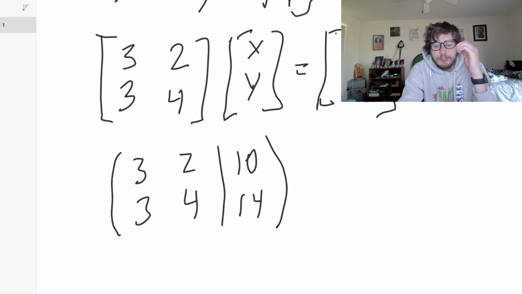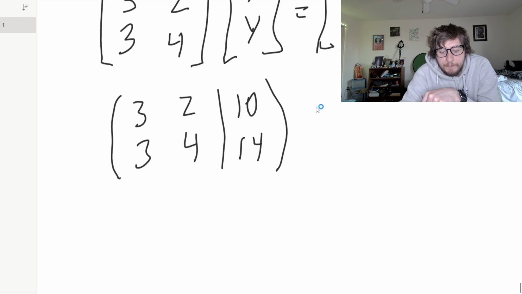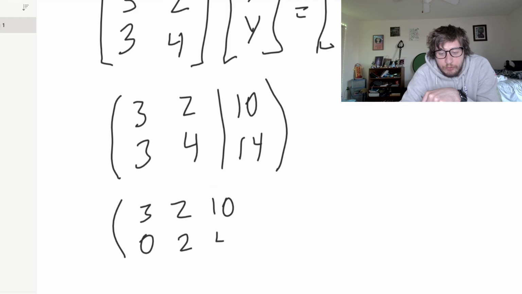Actually, let's just do Gaussian elimination for this. We don't need REF. So let's take the first row and subtract it from the second row. We're allowed to do this with matrices. That would turn this into 3, 2, 0, 2, and then this is 10, and then this is 4.